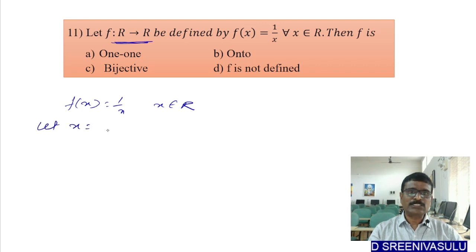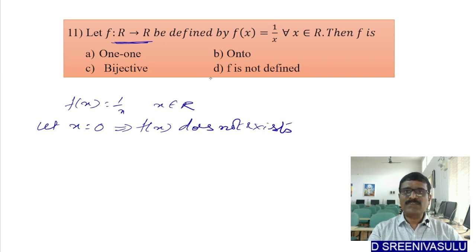Let us take x is equal to 0. Because 0 is a real number, let x is equal to 0. Then f(x) does not exist. Therefore, f is not defined. Correct option is D.